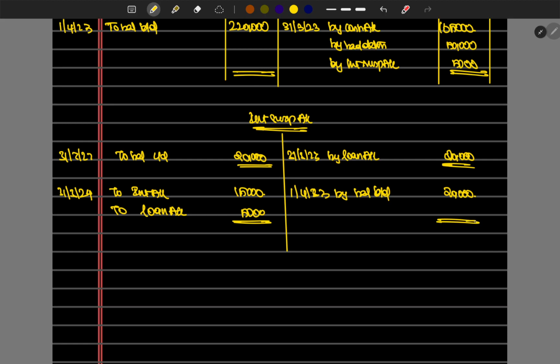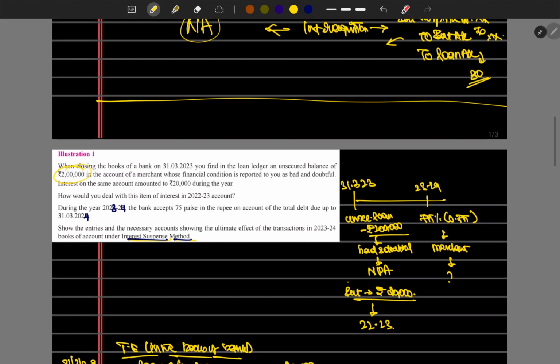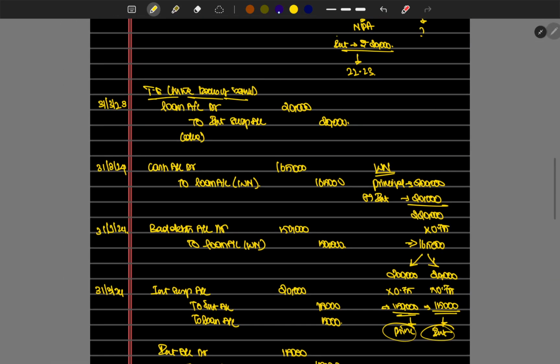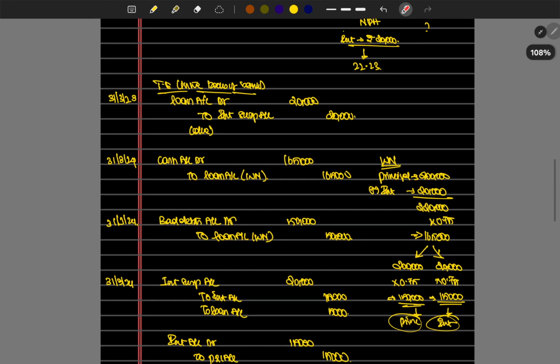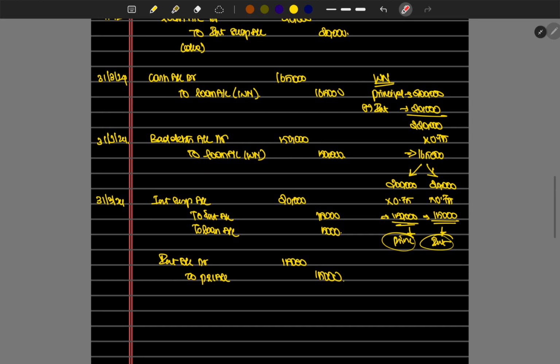This is also over. So it is a very simple sum, and this can be asked for 7 marks in the exam, and only 4 entries. The first one is the due entry, the receivable entry, then bad debts for the amounts which we have not received in terms of principal, and then the interest suspense account, how much we have received in respect of interest and how much we have to transfer to P&L.